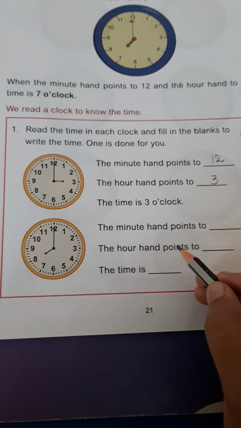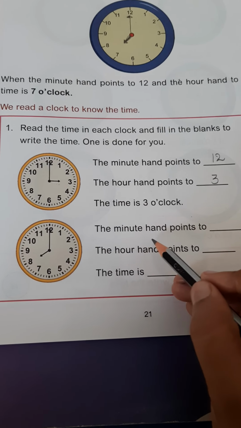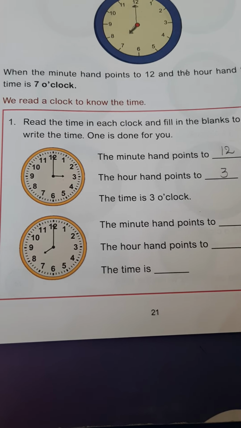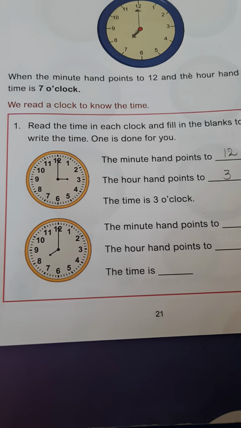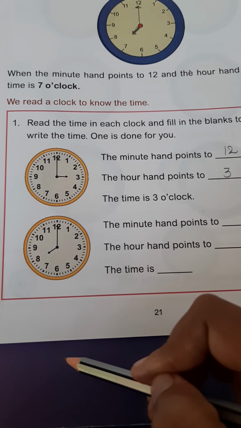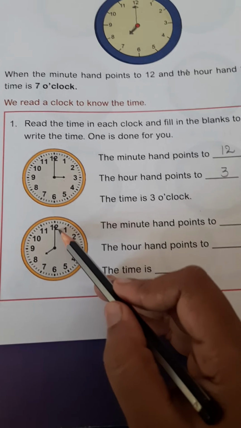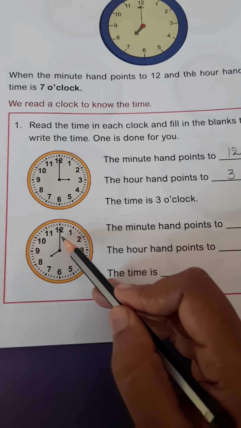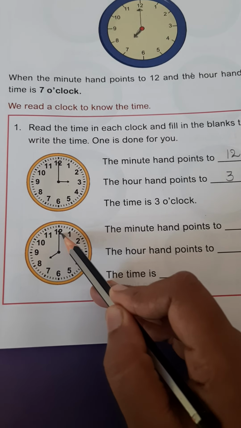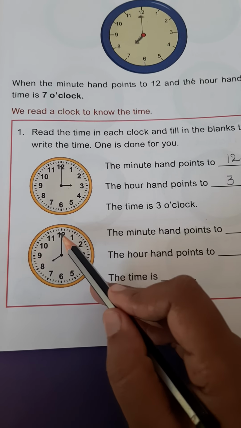Okay, now the second one. Children, listen carefully. The minute hand is longer and the hour hand is shorter. Where is the minute hand here? Here the minute hand points to 12.